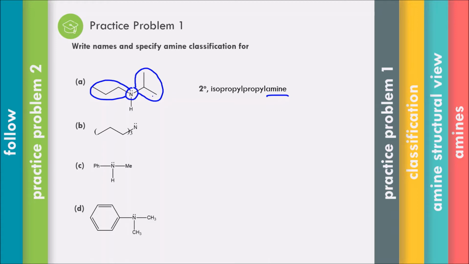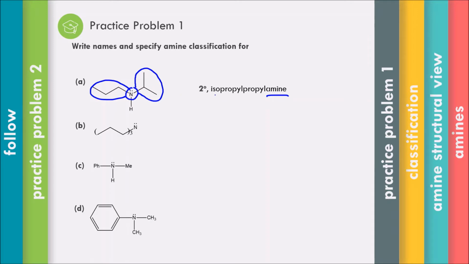Easy way to remember this is, first of all, it's a propyl, so it has 1, 2, 3 carbons. Also, from this carbon, we have equal number of carbons as connections. So we got 1 carbon on top and 1 carbon on the side. So since we got equal number of carbons from one center, this is why we refer to it as iso, which is equal. That's why altogether it's isopropyl.